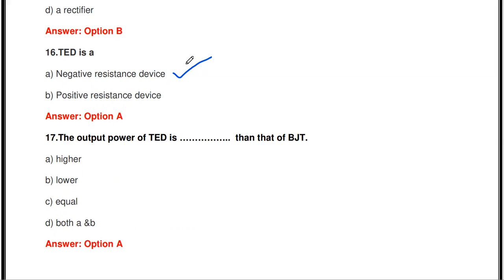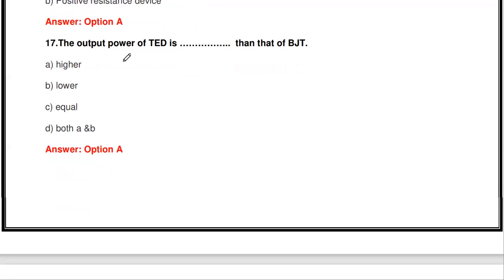In the VI characteristics we can see this property: if you increase the voltage, the current does not increase in that portion, it decreases. That portion is called the negative resistance region. So in TED, the main point is that it is a negative resistance device.